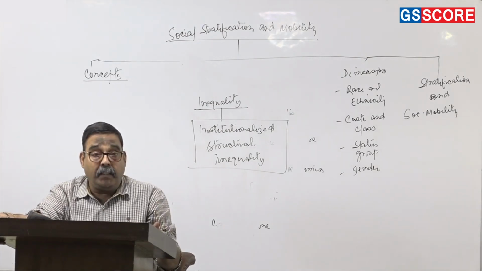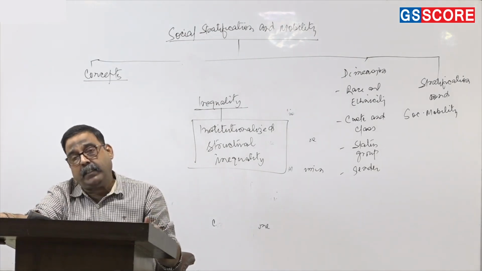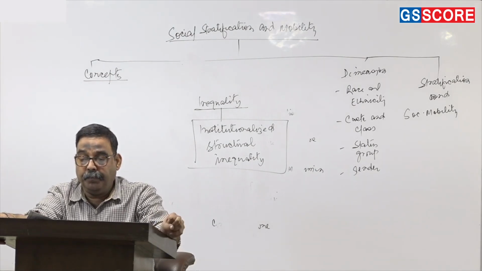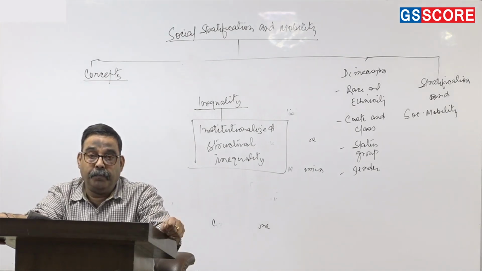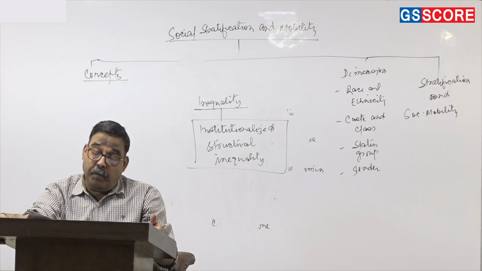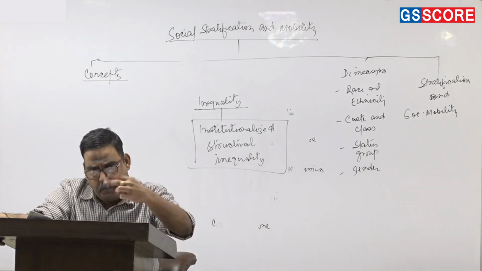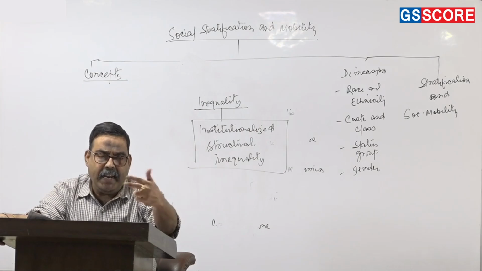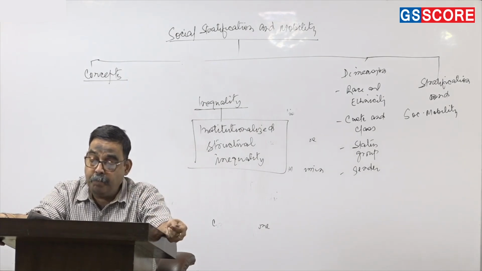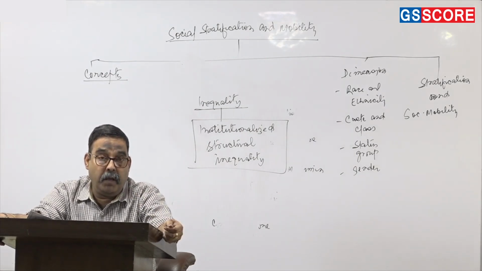That's why I say that class can also reflect the status group, or a status may be linked to the class stereotype, but there may not be a certain relationship between them. They may be different from one another.